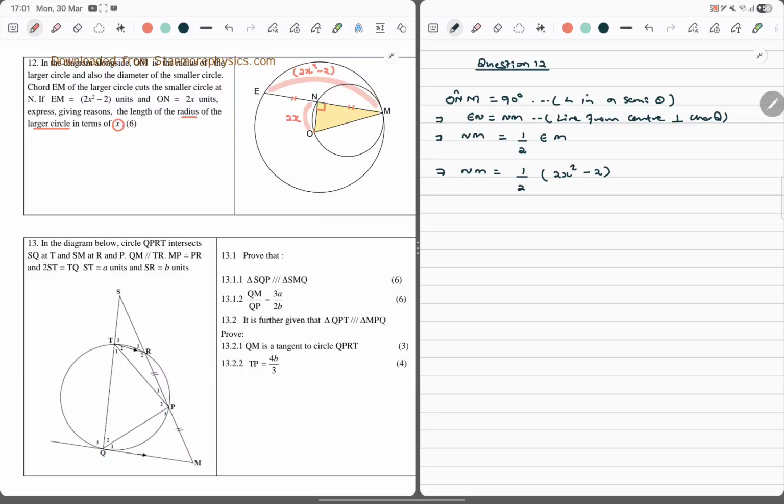Now we know that when we distribute the 2, we will have our NM equal to x squared minus 1. Alright, so this is essentially what we have.